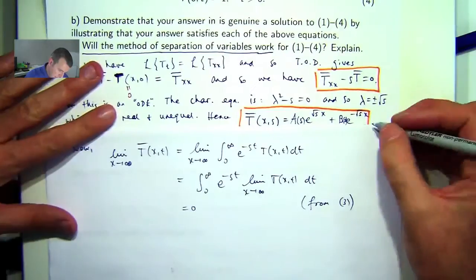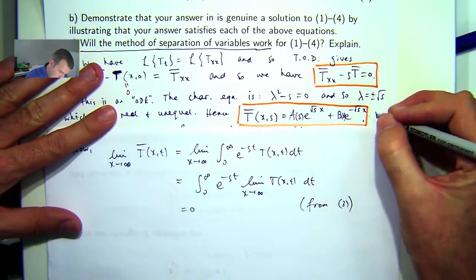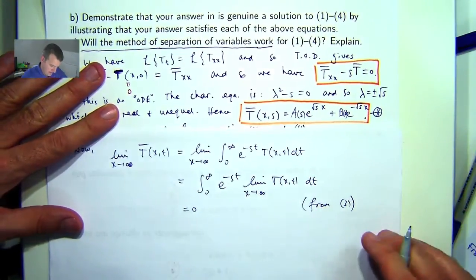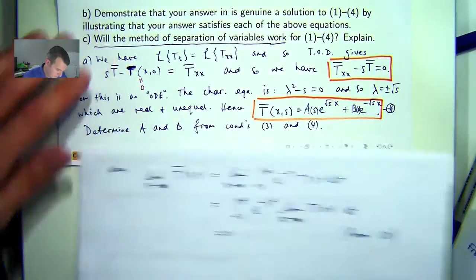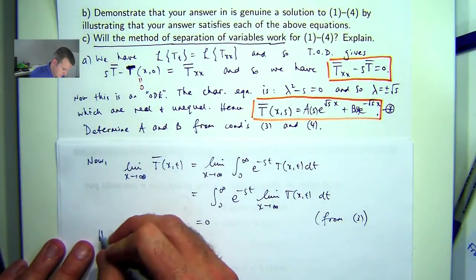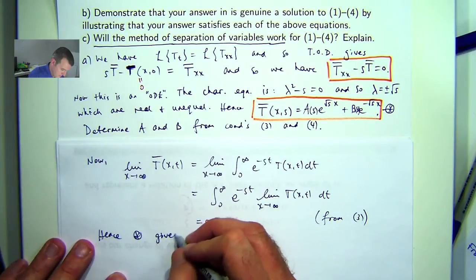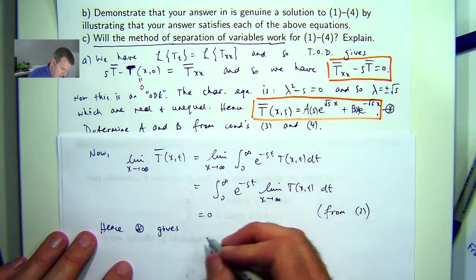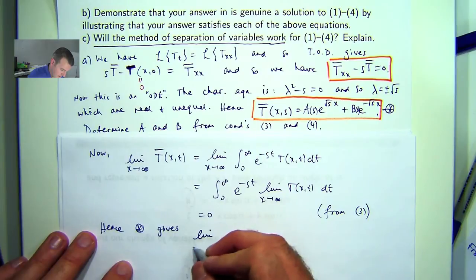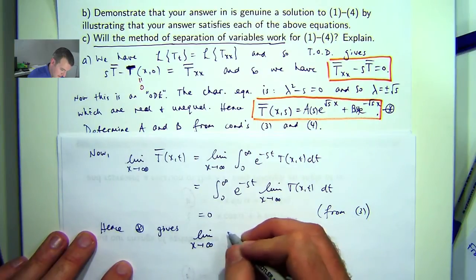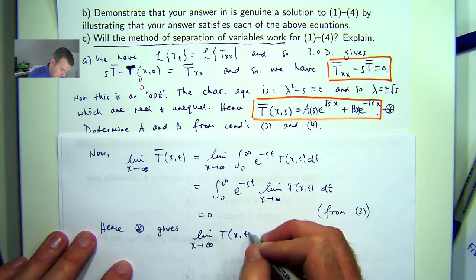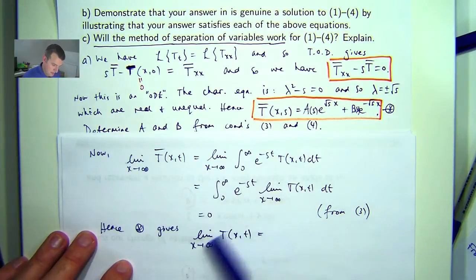Okay, so let's call this the general solution star. Let's take the limit of this as x goes to positive infinity.